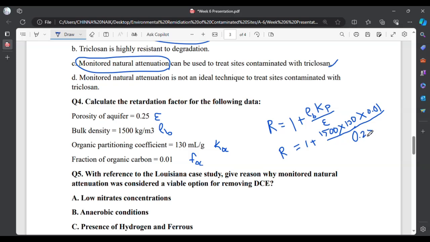If you do this calculation, we'll get the retardation factor, which is 8.8. So the answer for this question is the retardation factor, that is 8.8.